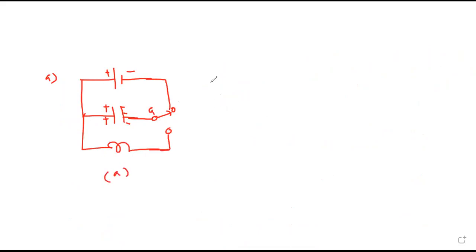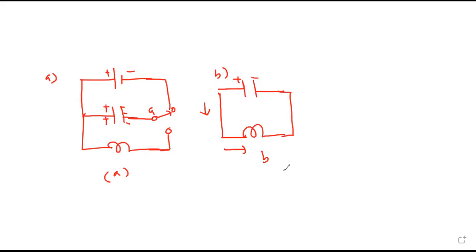A. In B, when we disconnect the battery and connect inductor, then current will flow through this till magnetic field starts developing and net charge becomes zero. So here there will be magnetic field produced.